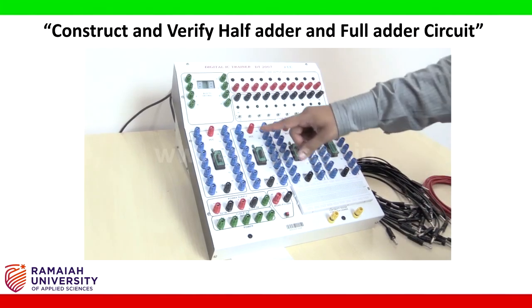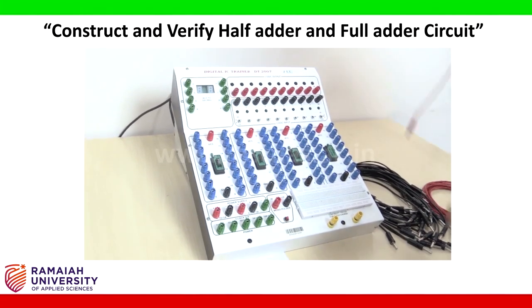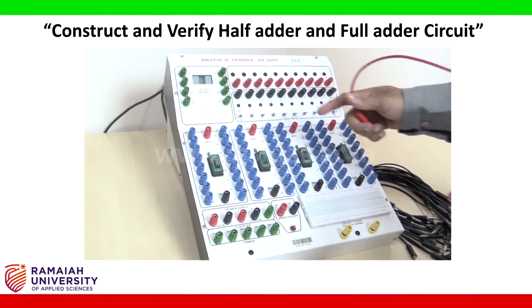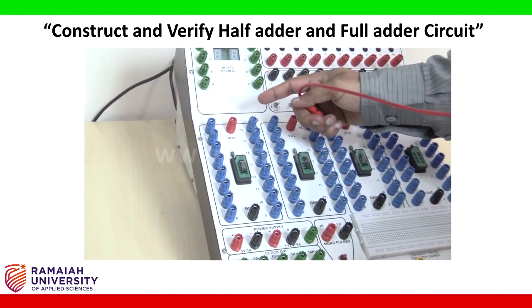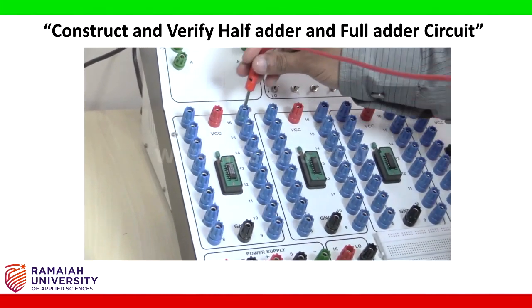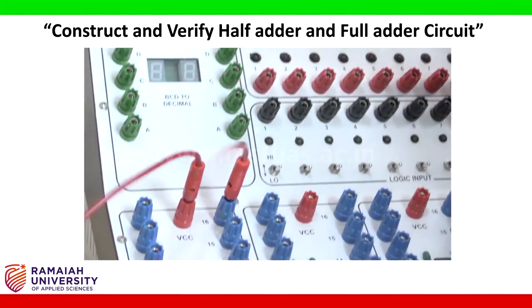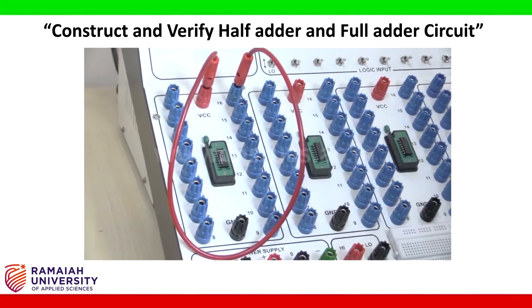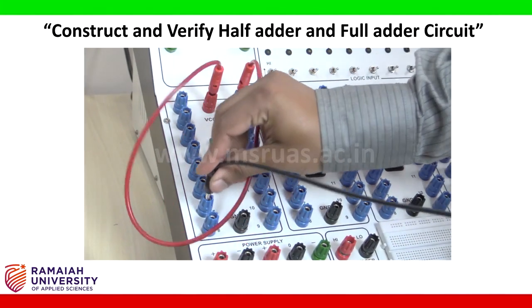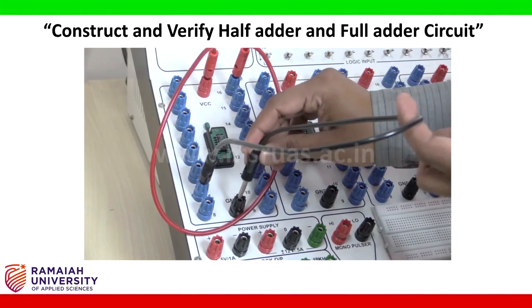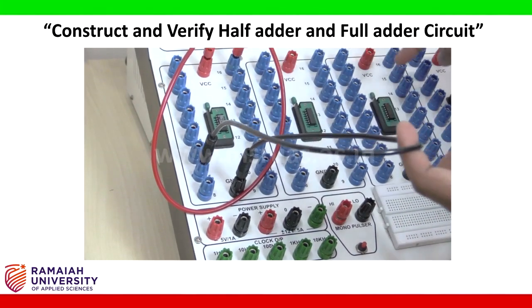Before connecting the circuit, I am connecting VCC and ground of every IC. Pin number 14 of this IC represents VCC. I am using a red patch cord, and pin number 7 of this IC represents ground, and it is the same for other ICs also.